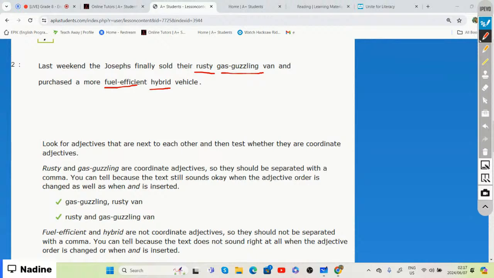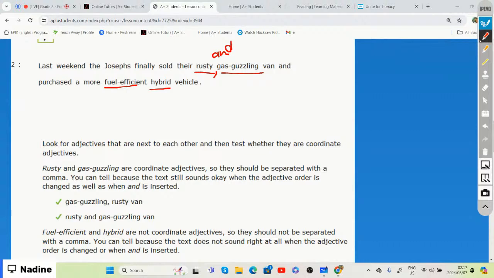They are coordinate adjectives. And the reason why we say they are is because if we separate that with commas, for example, if we say, "Last weekend the Josephs sold their rusty, gas guzzling van," or if we say, "Last weekend the Josephs finally sold their rusty and gas guzzling van and purchased a more fuel efficient hybrid vehicle," then yes, we would say that that is a coordinate adjective.